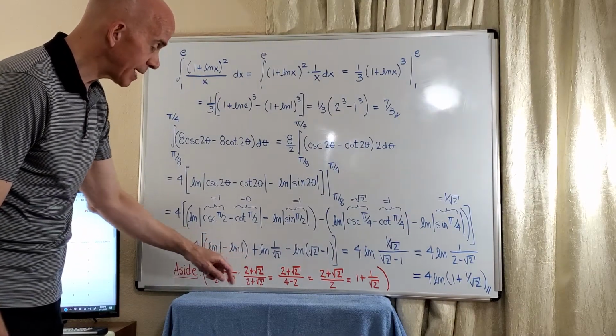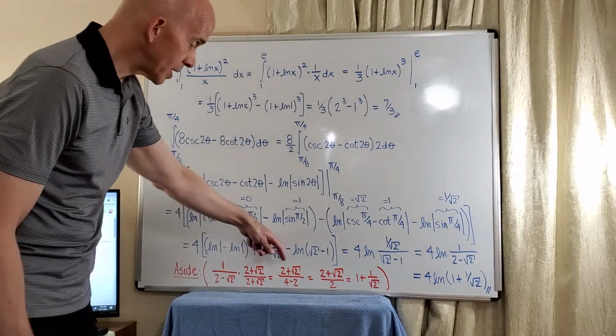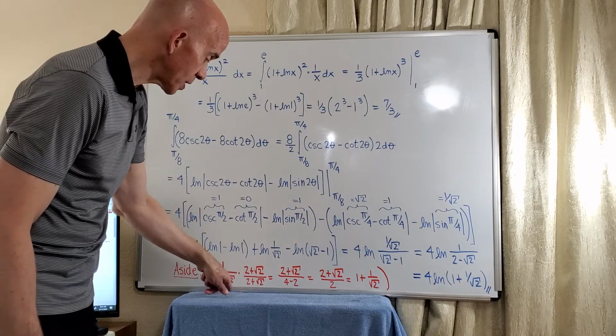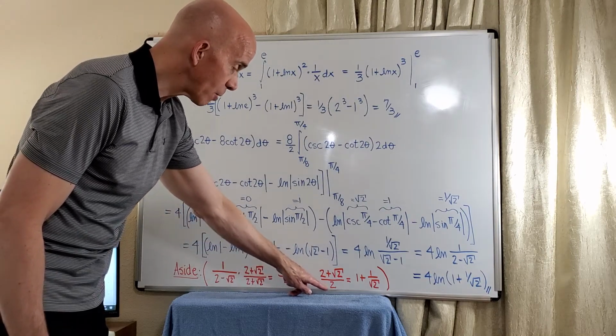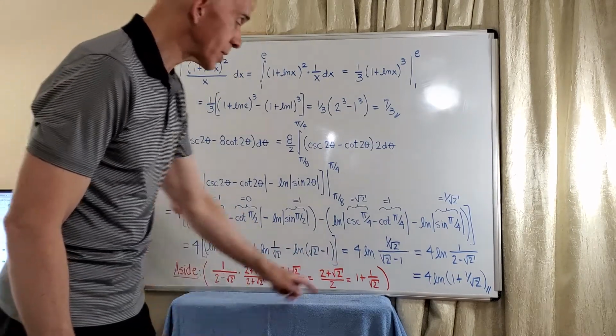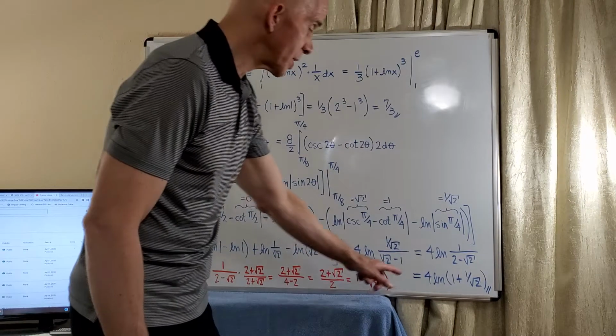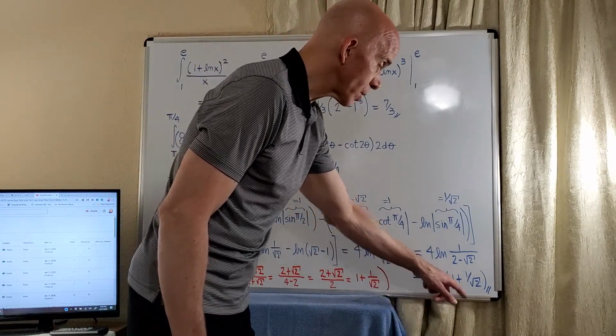So just multiply and divide by 2 plus root 2. And when you do that, you'll get your 2 plus root 2. And, of course, the difference of squares will give you 4 minus 2 downstairs. And so now when you divide, you get the 1 and then the root 2 over 2, which is 1 over root 2. So you get equivalently 4 times the natural log of 1 plus 1 over root 2.